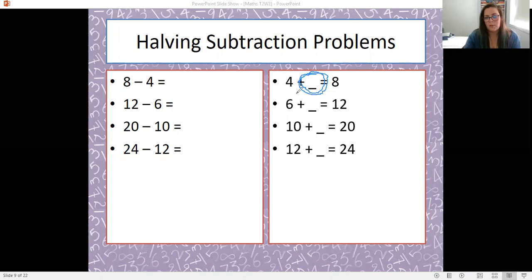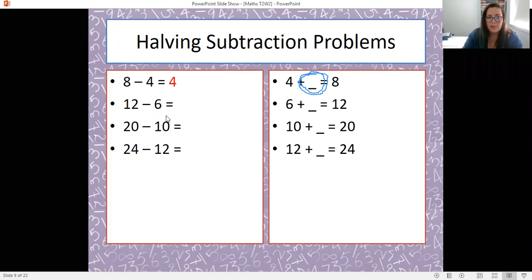You guys are super clever and would know that the answer is 4, because sometimes you know half of 8 is 4 very quickly, and you can recall that off the top of your head.